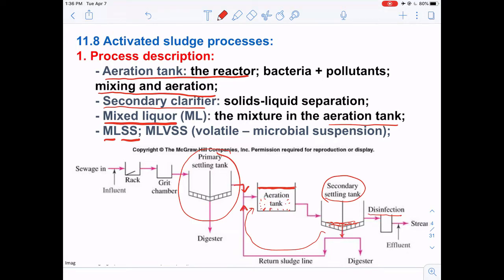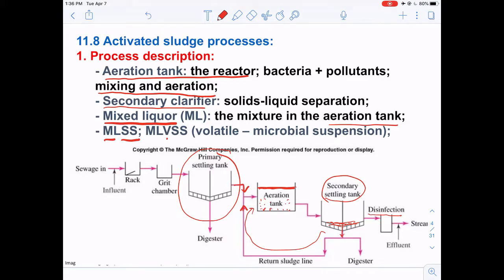We also define a parameter called the MLVSS, where V here is for volatile. We use the volatile solids to represent the microorganisms. So when I mention the MLVSS, the mixed liquor volatile suspended solids, they just mean the solids that exist in the microorganisms, or it's just the microorganism concentration in the mixed liquor.